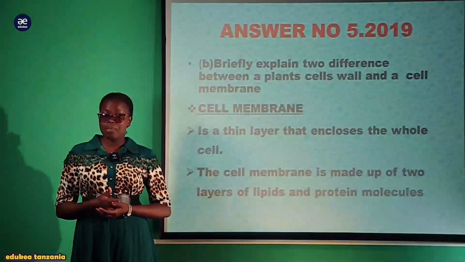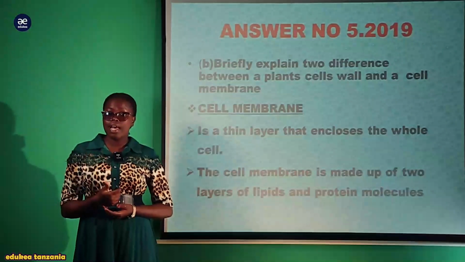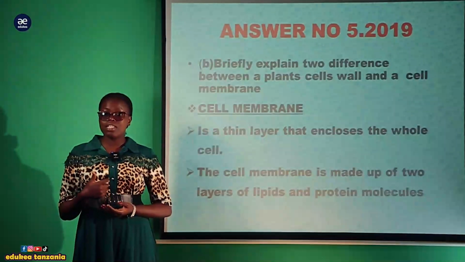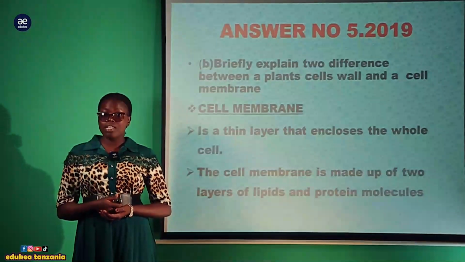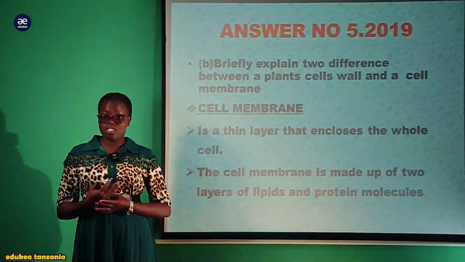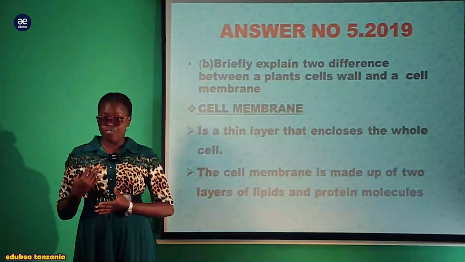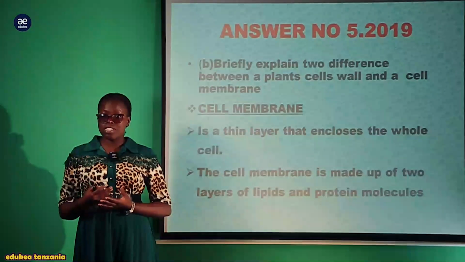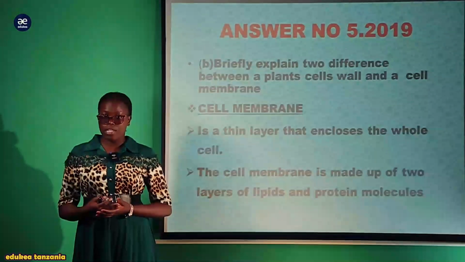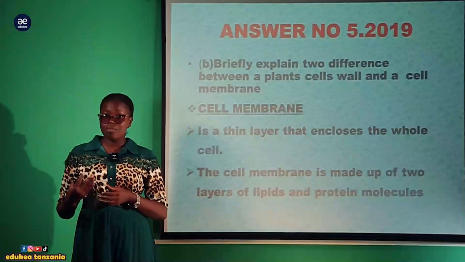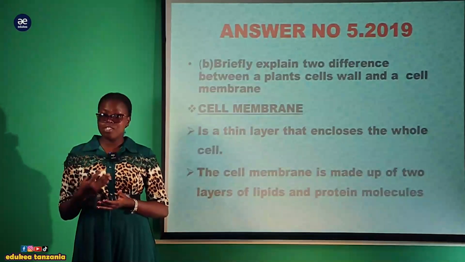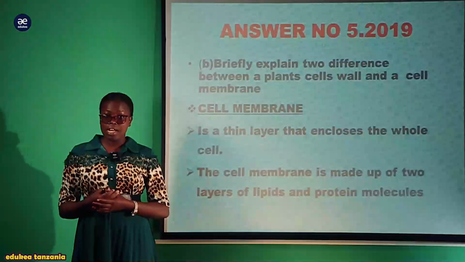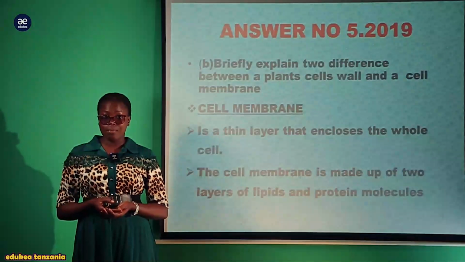This protein and lipid have hydrophilic and hydrophobic properties, which are water-soluble properties. Some are water soluble and others are water insoluble. Those which are water soluble we call hydrophilic, and those which are water insoluble we call hydrophobic. So these characteristics of the cell membrane, due to the presence of protein and lipid, help to maintain the state of hydration in the plant and animal cell.